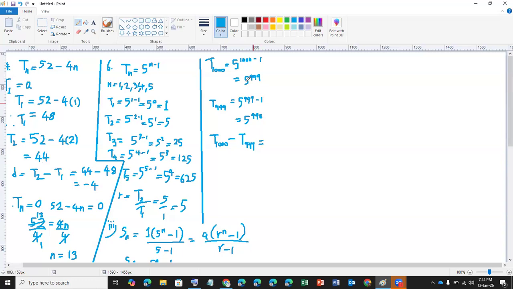Right? 5 raised to the power of 999 is the same thing as 5 raised to the power of 1 times 5 raised to the power of 998. Do you agree with that? Yes, sir.